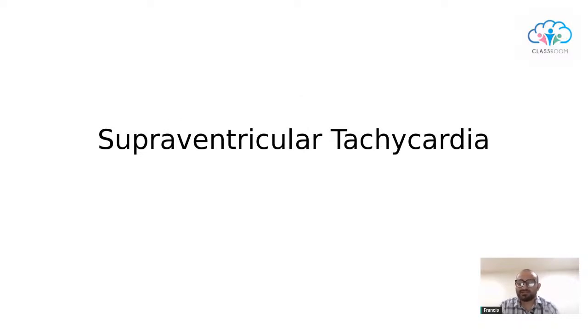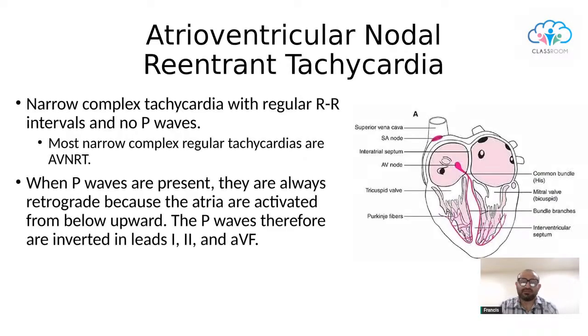Supraventricular tachycardias are also seen in CVAs, and the most commonly seen is atrioventricular nodal reentrant tachycardia, AVNRT. It is a narrow complex tachycardia with regular RR intervals and no P waves. In fact, most narrow complex regular tachycardias are AVNRT and can safely be diagnosed as such.